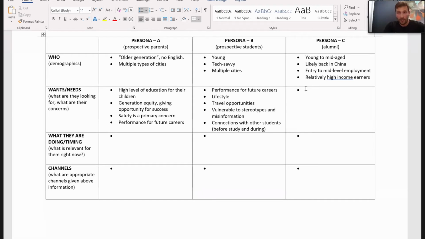So what are their wants and needs or concerns? They're wanting success in their current role and potentially their career going forward. But more so than that, they're wanting, I guess, as much recognition on the prestige that's attributed to their educational background.